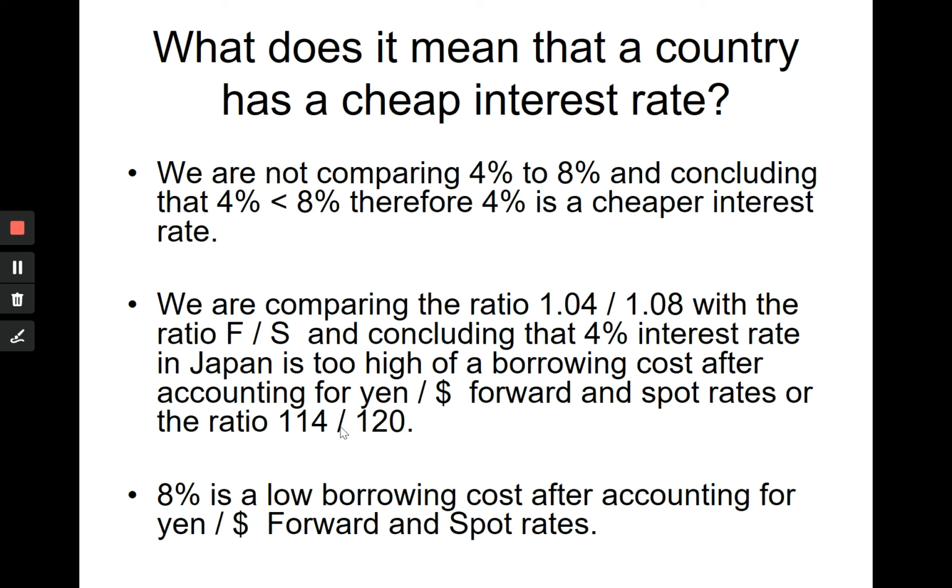Therefore, we are saying 4% is too expensive when we realize the other side is a cheaper dollar in the future. 8% is a low borrowing cost after accounting for yen per dollar forward and spot rates. If we borrow in US dollars, when we pay it later in cheaper dollars and we have yen to convert to dollars, then we don't lose 8%, we lose less than 4%.